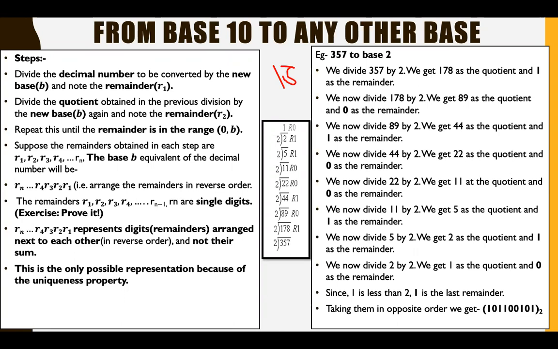You have to convert this to some other base. We'll see the base later. Suppose base b, we are converting 15 to base b. So first we have to divide this decimal number 15 by this new base b, and know the first remainder. Like I'm taking another example, just wait.